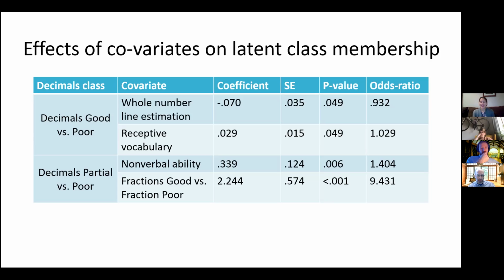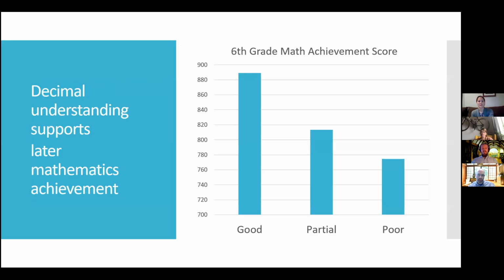And so this could be, again, thinking about, well, if they haven't developed that kind of analog representation yet, they're really using rules to help them figure out how to navigate this task. And consistent with that interpretation is the nonverbal ability being predictive in this instance, that they're using some amount of logic to figure out what is the correct answer.